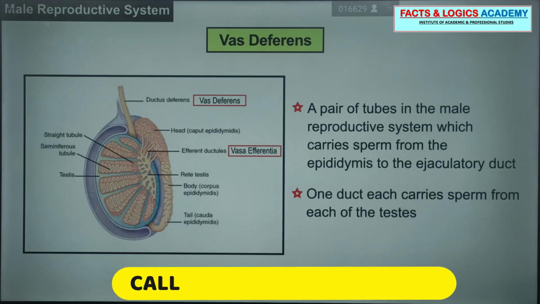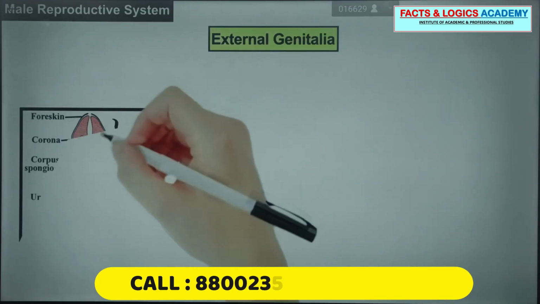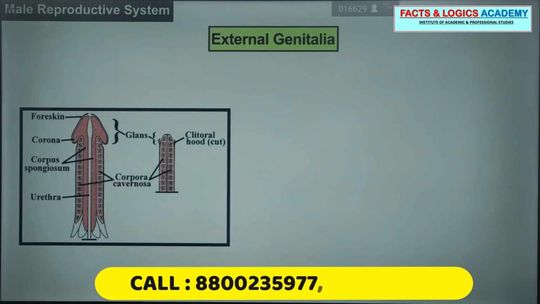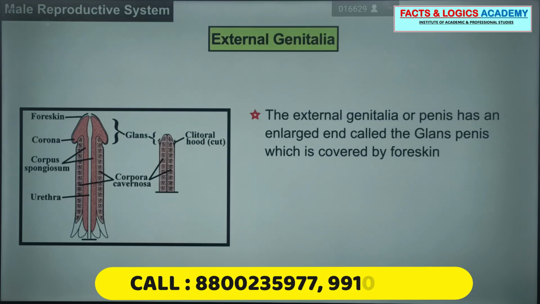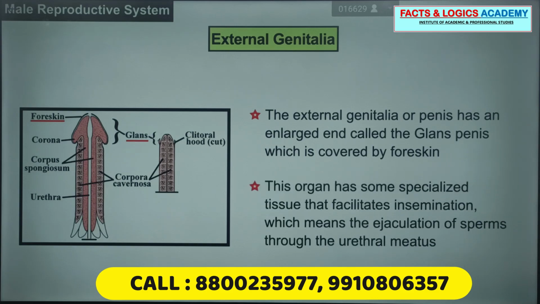One duct each carries the sperm from each of the testes. And lastly, we have the external genitalia. The external genitalia or penis has an enlarged end called the glans penis, which is covered by foreskin. This organ has some specialized tissue that facilitates insemination, which means the ejaculation of sperms through the urethral meatus.